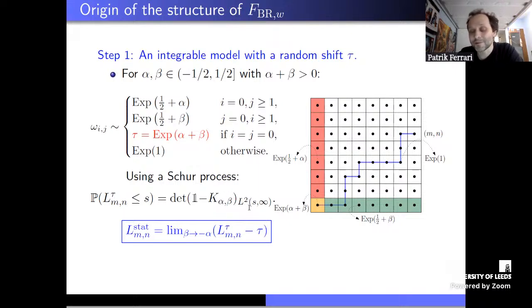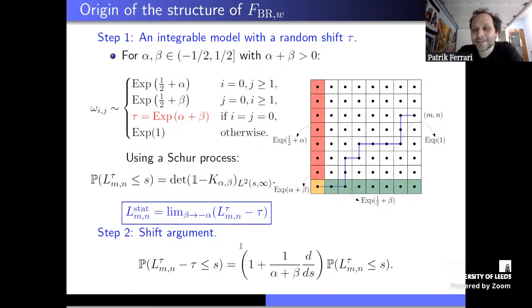So what we want to look at is this random variable subtracting the tau, because we don't want it, but then we have to take the limit beta plus alpha goes to 0, or beta goes to minus alpha. This is what we want to do.